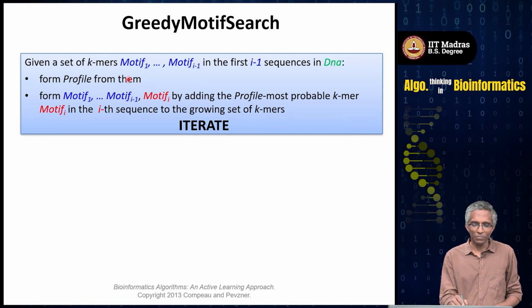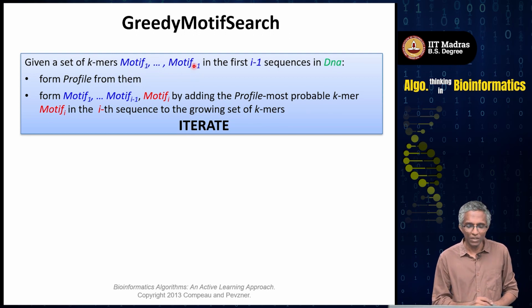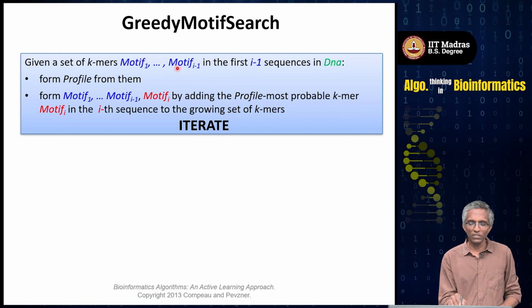Given that you are at a certain point in the algorithm where, in the first i minus 1 sequences in your set of all T DNA strings, you have figured out the locations of the motifs, motif 1 to motif i minus 1, then you can form a profile from these already selected motifs. Then you can add one more motif, the ith motif, by adding the profile most probable k-mer in the ith sequence.